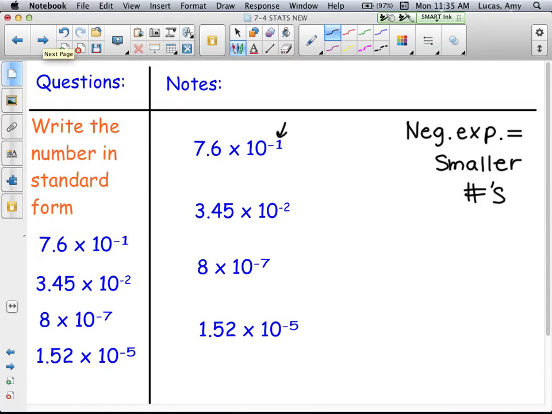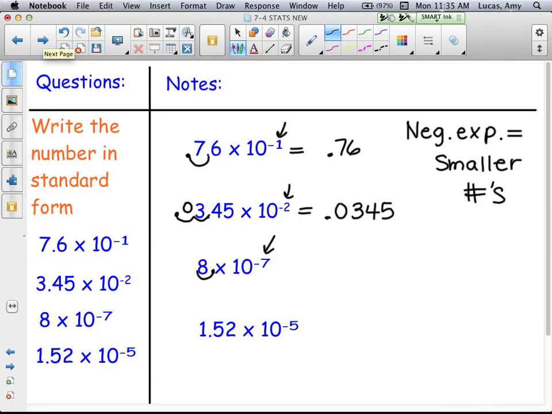So left 1 means right here, so it's 0.76. Left 2, 1, 2. I need a 0 in front then, 0.0345.